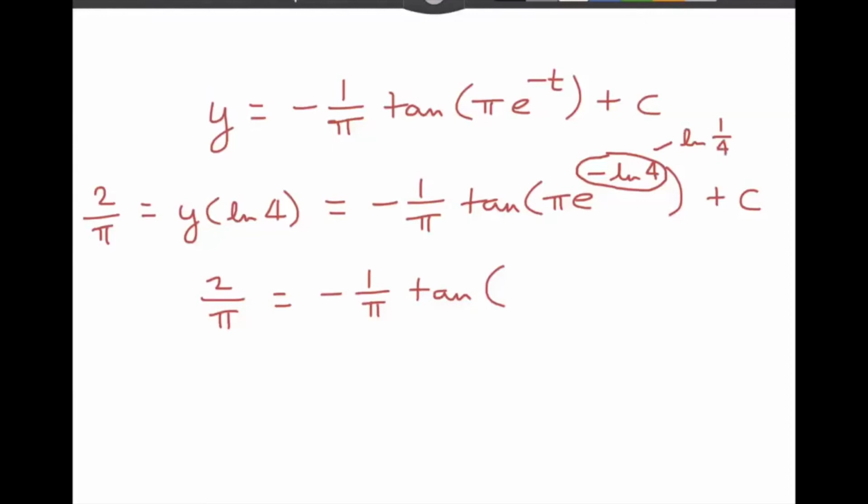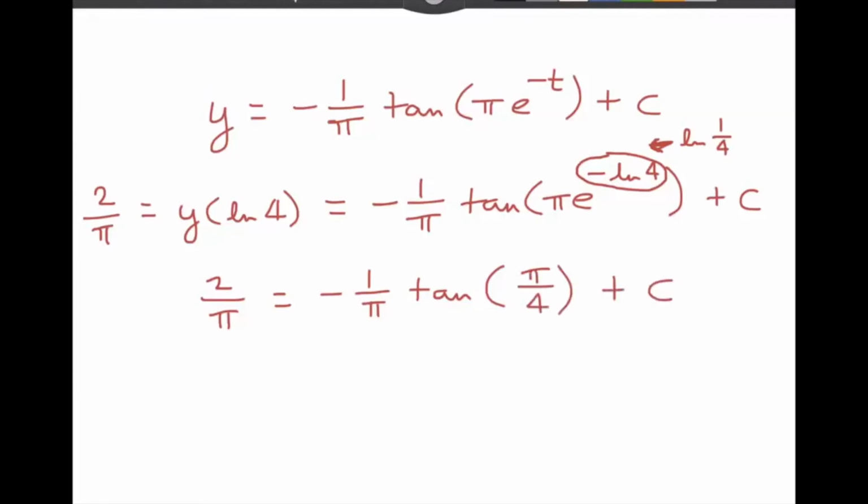So what we have there is e to the power natural log 1/4. What is e to the natural log 1/4? It's just 1/4, isn't it? So that thing inside the parentheses just simplifies down to pi over 4.